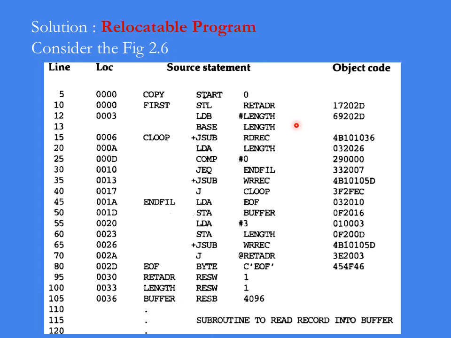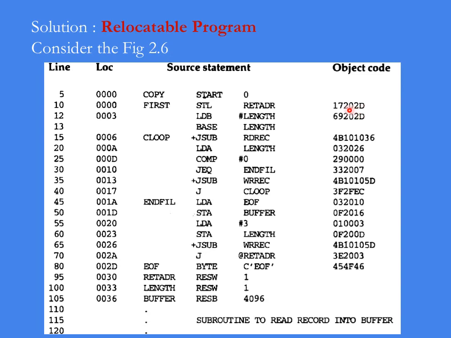Format 1 is 1 byte, format 2 is 2 bytes. All these instructions are of 3 bytes, and the instructions with a plus symbol alone are of 4 bytes. We can see 3 such instructions; those alone are of 4 bytes, whereas all other instructions on this page are 3 bytes. So in that 3 bytes, the last 12 bits, that is the 02D, does not signify an absolute address.